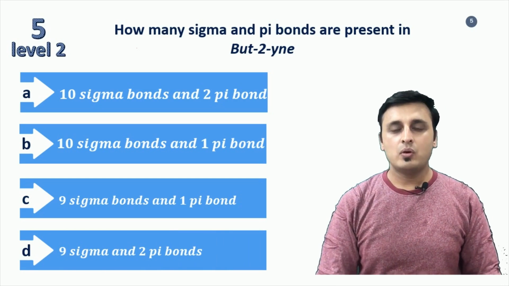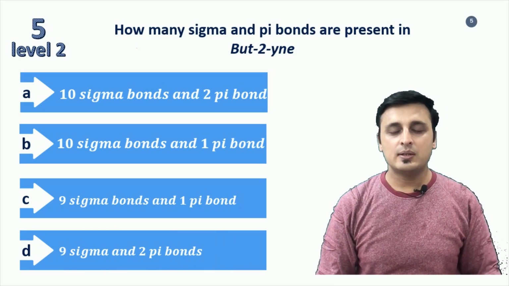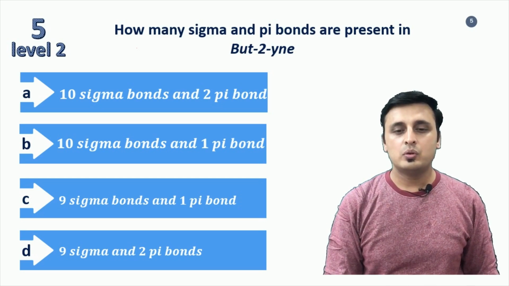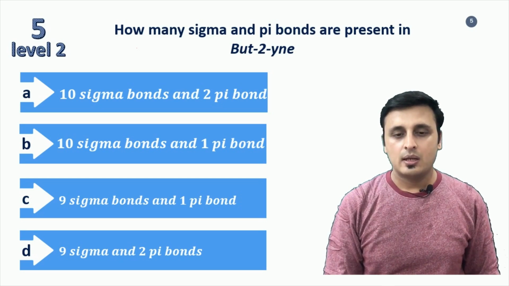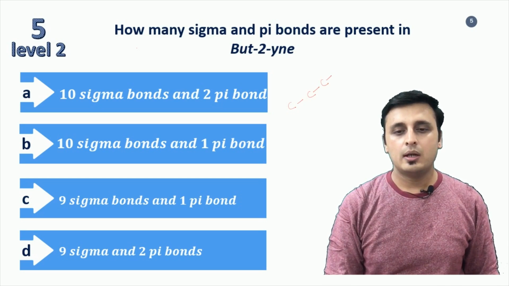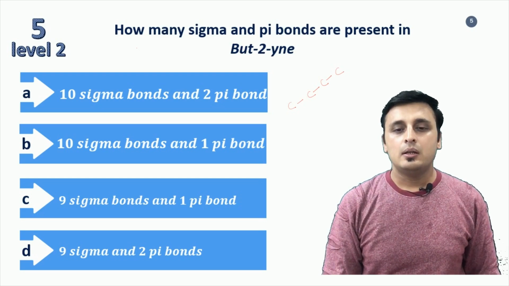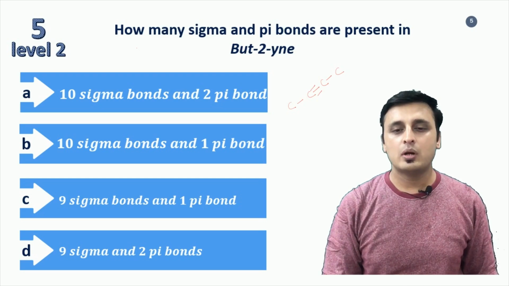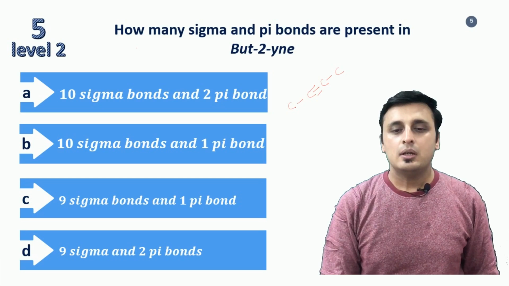Dear friends, if you want to get the answer to this question, you need to draw the structure of but-2-yne. There are 4 carbons, 1, 2, 3 and 4, and but-2-yne means the second position has the yne, meaning there is a triple bond between the 2 carbons at the second position.